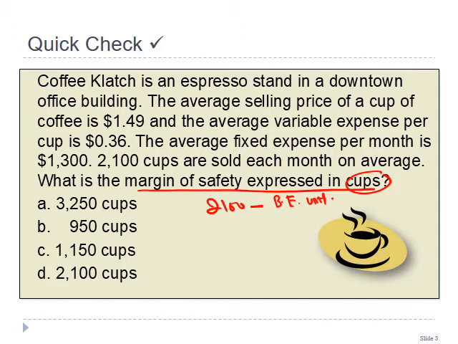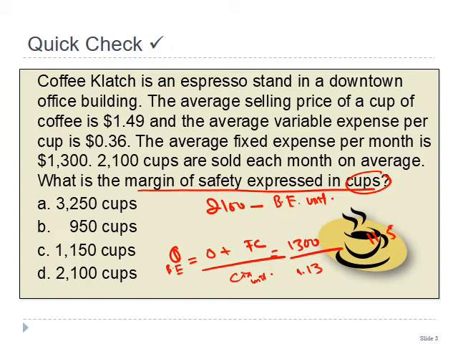I cannot see the previous slide, so I'm just going to solve it here. Break-even in units equals profit, which is 0, plus fixed cost, divided by CM per unit. Fixed cost is 1300 and CM per unit is 1.13. The answer is 1150.